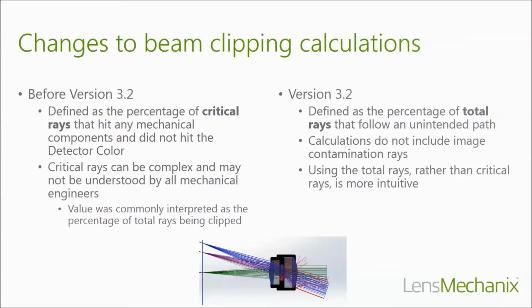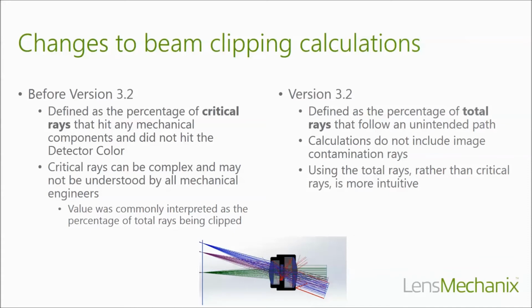And so any rays or paths that aren't like the ones in the OpticStudio baseline, those aren't being counted if they don't follow those intended paths. So this doesn't include image contamination rays. That would be rays that hit a detector.